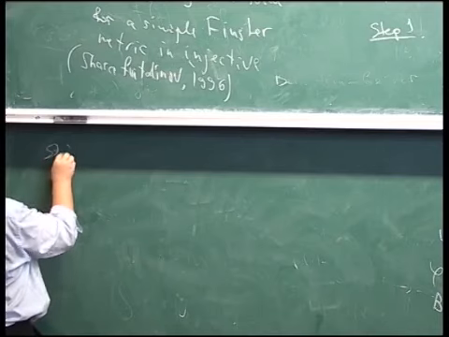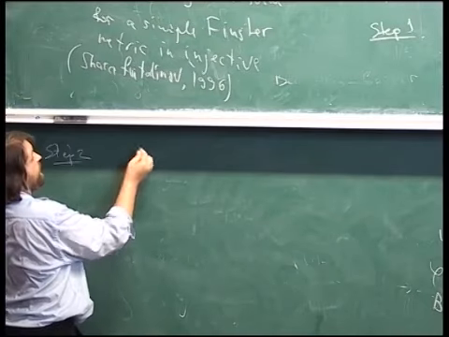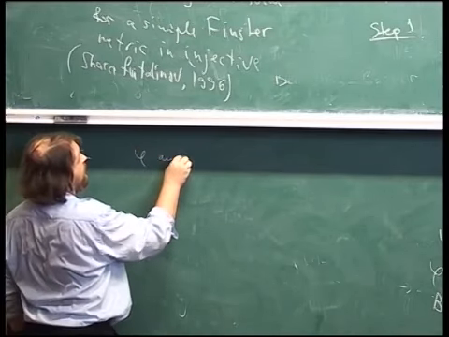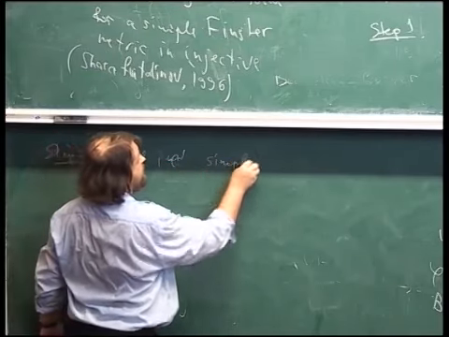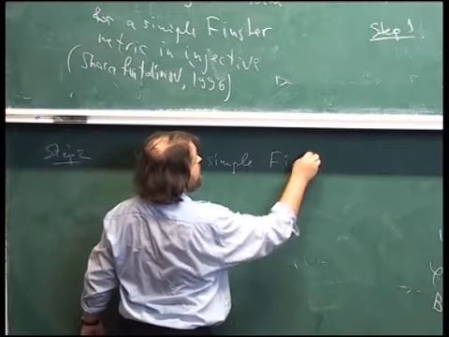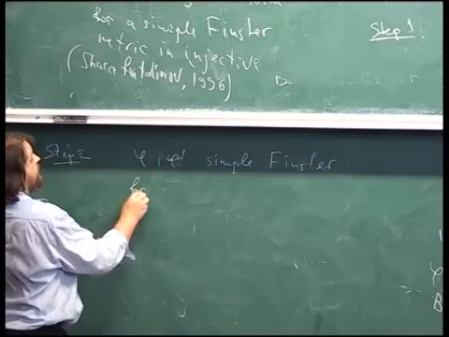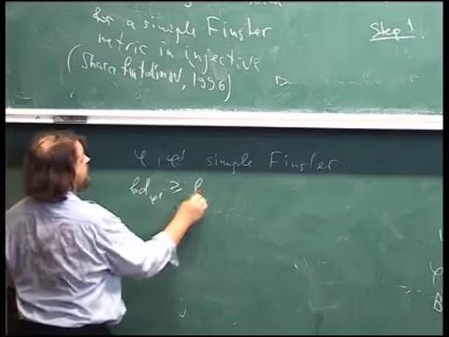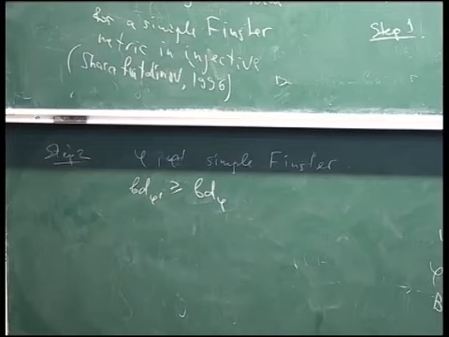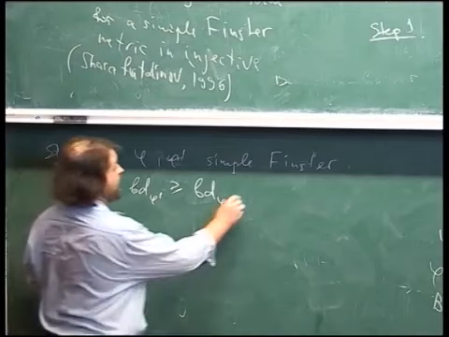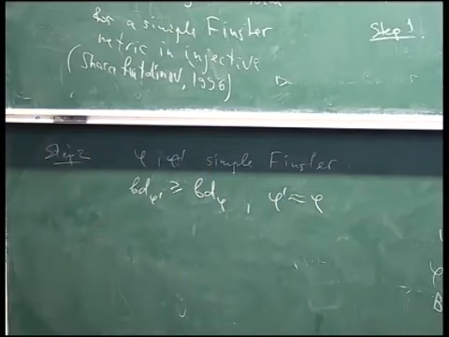Step two is the following. Suppose phi and phi prime are simple Finsler metrics, and the boundary distance of phi prime is greater than or equal to that of phi, and they are close to each other in a suitable sense.